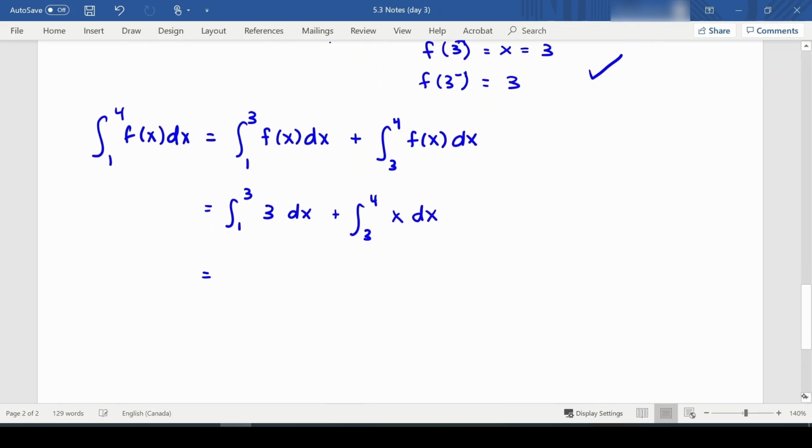This means my antiderivative of the first function is 3x. I don't need the plus c because I'm evaluating from 1 to 3. My second function, my antiderivative is 1/2 x squared. I'm evaluating from 3 to 4.